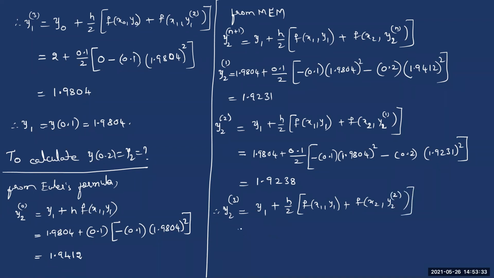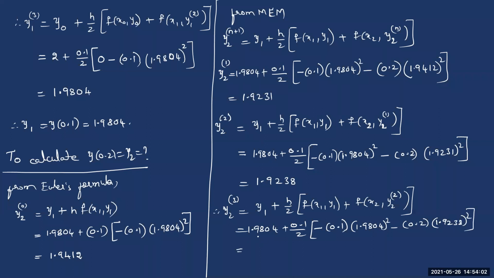Right, so if we substitute everything into this, y1 is 1.9804 plus h, which is 0.1 by 2, and minus 0.1 into y1, 1.9804 whole square, minus x2, which is 0.2, into y2 second approximation, which we got as 1.9238, and then square of this also.